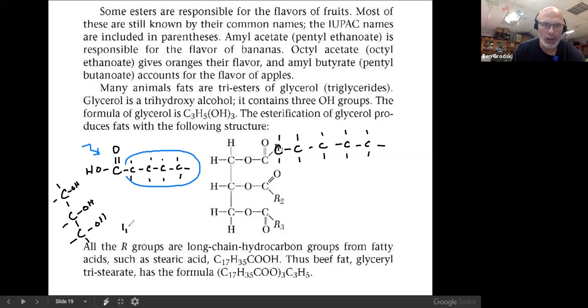So this is 1, 2, 3, propane, take the E away, propane tri, because there are 3 OH groups. And so it has 3 OH groups. And what happens, party people, you guessed it, okay? An ester comes out, or I'm sorry, a water comes out, and these link. And they make an ester linkage. That's what this is here. So you make ester linkages. So fatty acids make a 3 ester connection with 1, 2, 3 propanetriol, which by the way is glycerol.